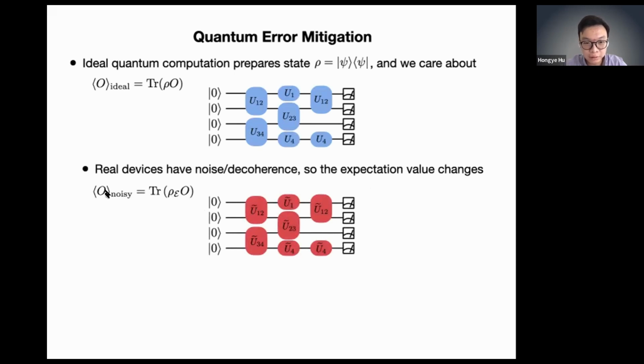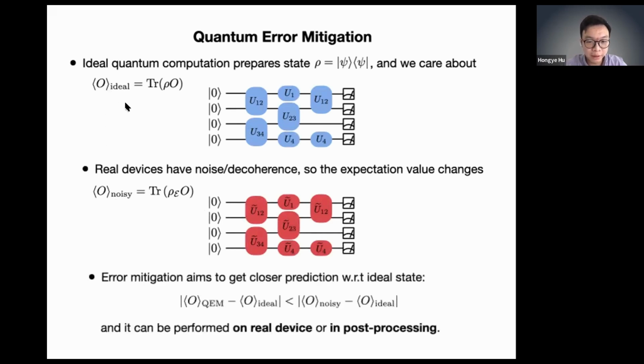Therefore, the linear property O will deviate from the ideal expectation value. On a high level, quantum error mitigation aims to get a closer prediction of those linear properties with respect to the ideal expectation value compared to bare implementations. Quantum error mitigation can be performed either on a real device, such as dynamic decoupling, or in a data post-processing phase.